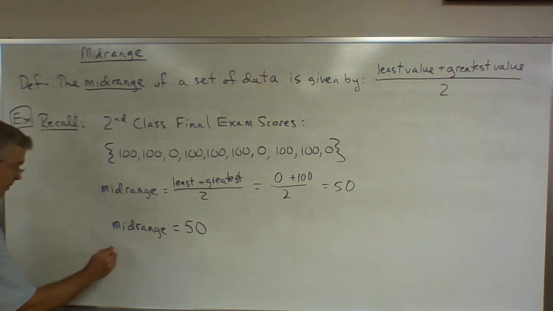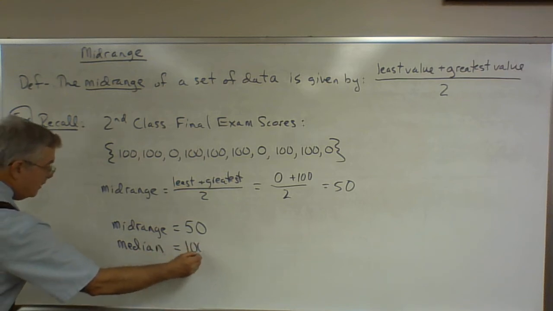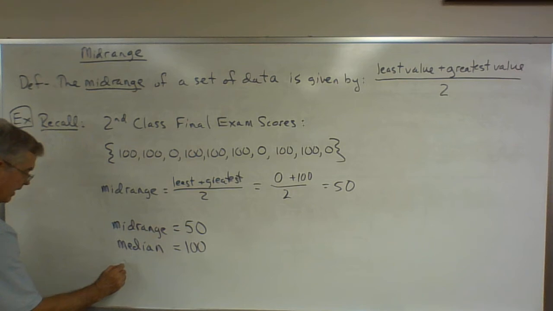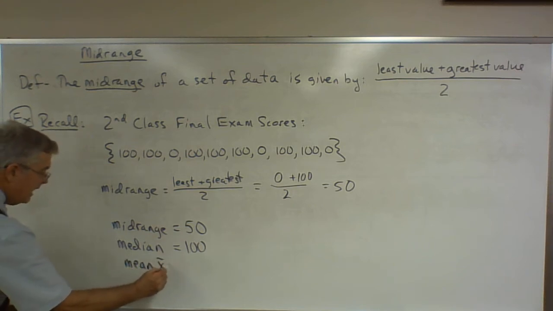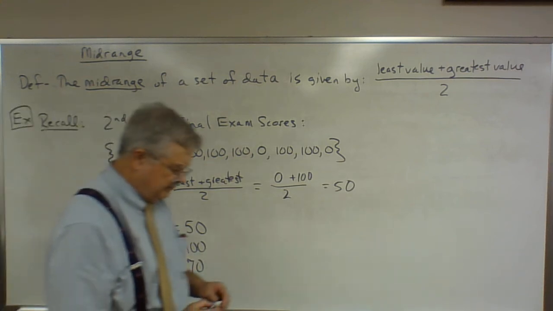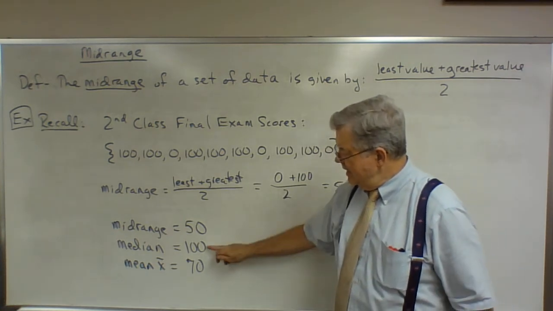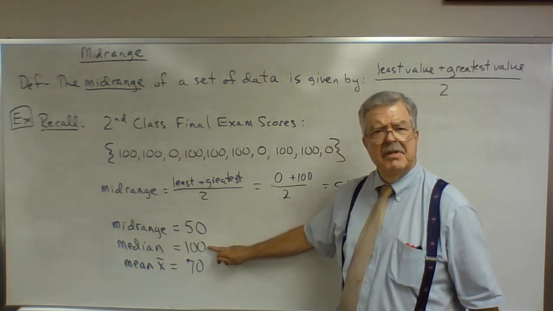But remember what the median was. The median was 100. And the mean, the arithmetic mean x bar, was a 70. Wait a minute, the median was 100?